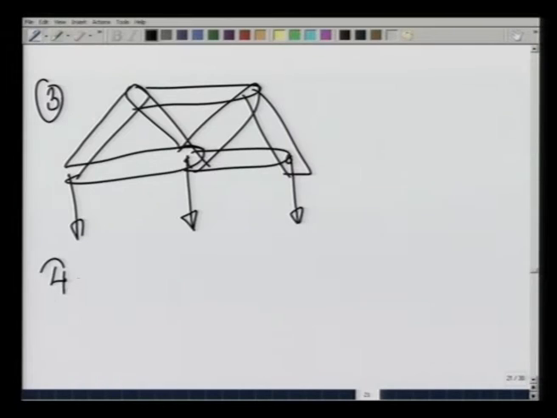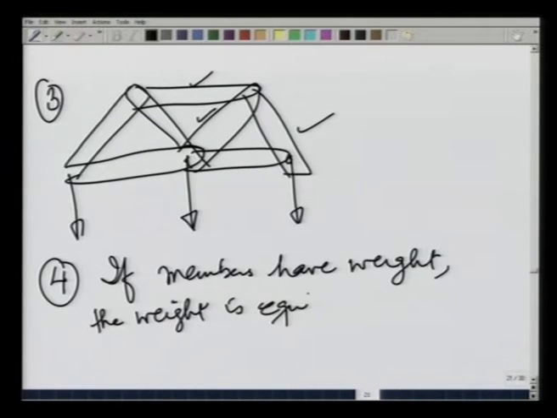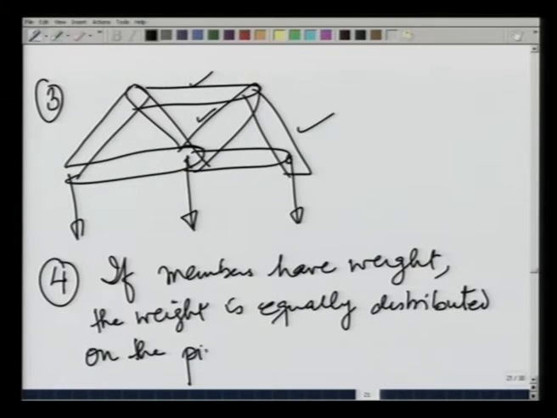And finally, if members, that is these rods, have weight, the weight is equally distributed on the pin joints.